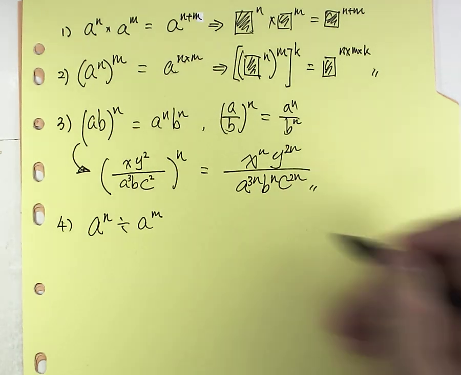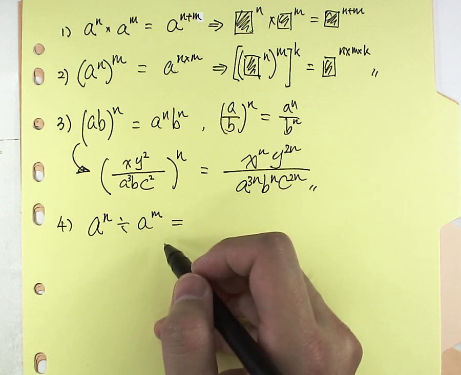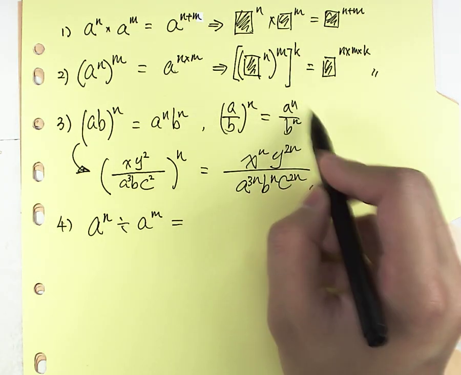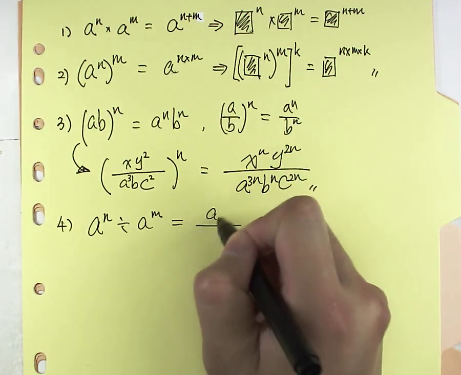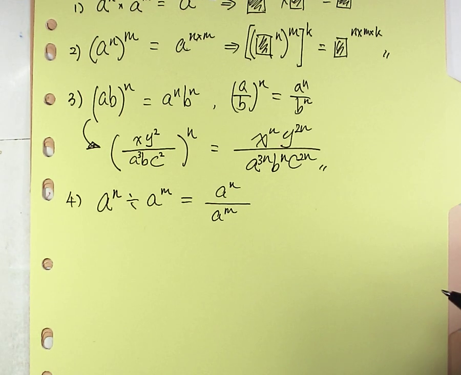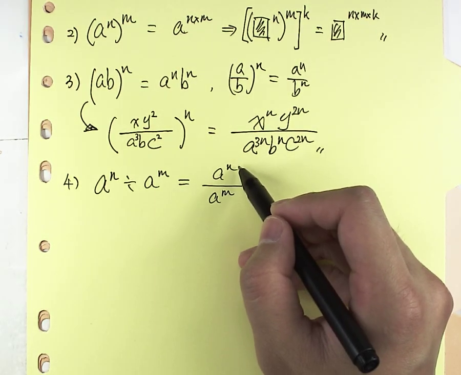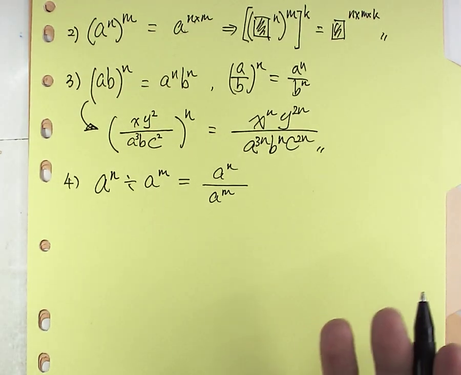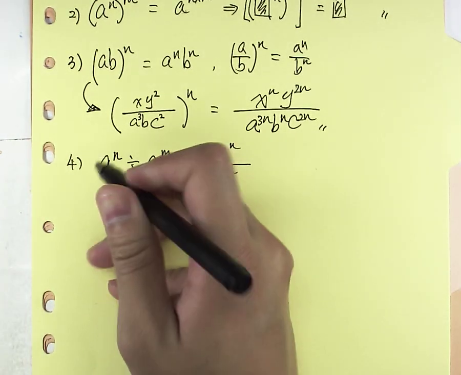Sometimes we don't like this kind of expression. Normally we write the fraction form. But how to simplify this? It depends on which one, n or m, is larger. So you have to divide it into two cases.